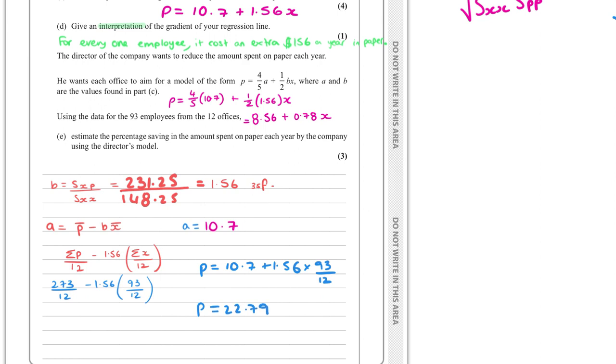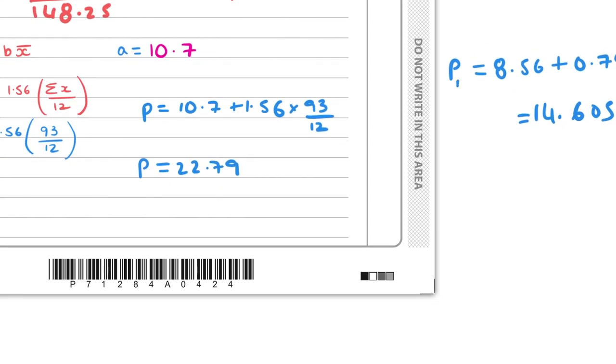Now, in the new model, I get P equals 8.56 plus 0.78 lots of 93/12, and I get 14.605. Okay, so this is the new model.